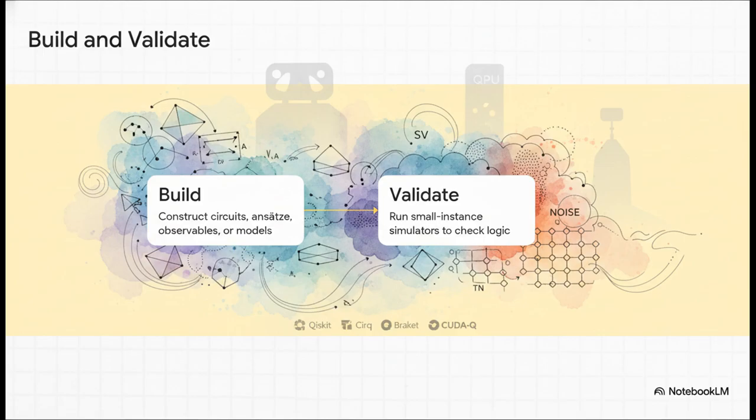You absolutely must run small instance validation layers before you ever even think about touching the actual hardware. You're spinning up state vector simulators for pure state evolution, noisy simulators to check statistical behavior, maybe tensor network simulators depending on your model. This is your essential first line of defense to check your logic and estimate resources before you burn time on a deeply constrained, highly expensive physical QPU.